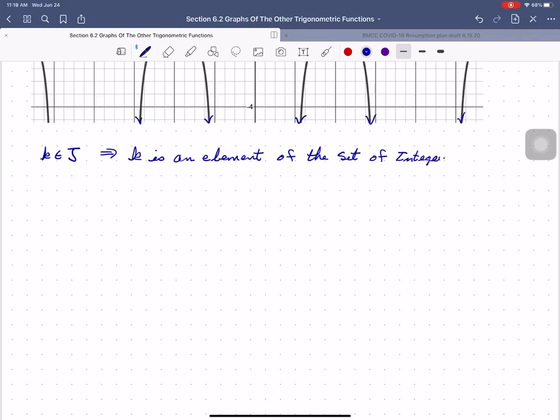You may or may not have encountered that particular shorthand before, but J means integers. And this little Greek symbol epsilon means is an element of. This is a math way of saying k is any integer.